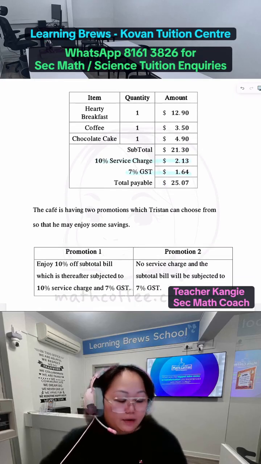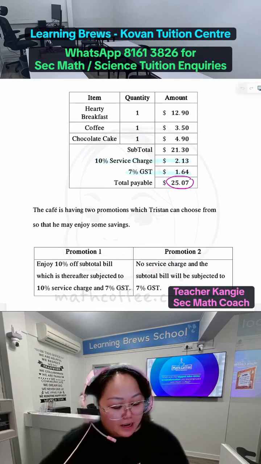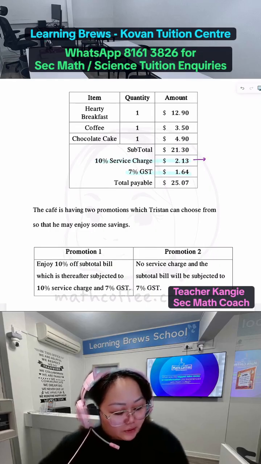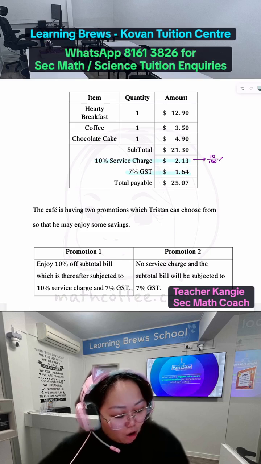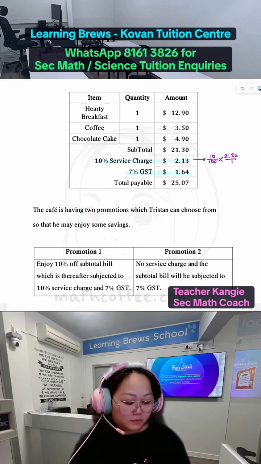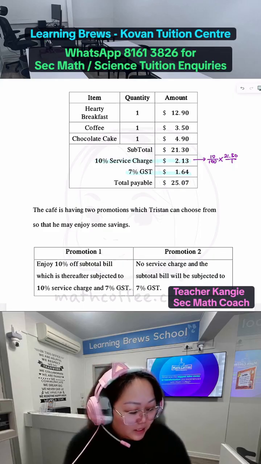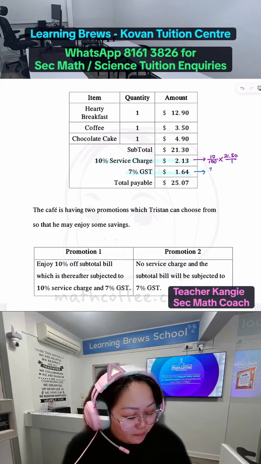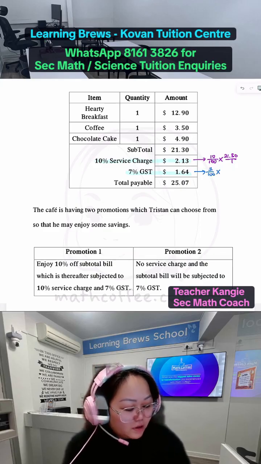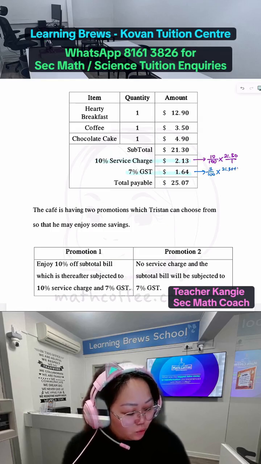Okay, so they already calculated for you. That's the total payable. So let me just put the formula here so that you know what this is. This is 10% of the reference, 21.30. Let me just do a double check. Yes, okay. And then this is 7% of 21.30 plus 2.13.